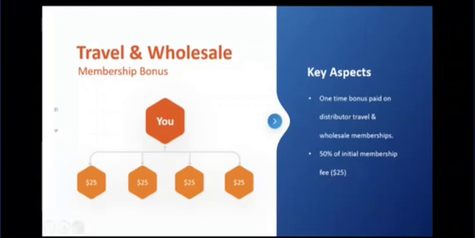You're not going to need to talk about holding tanks and all that stuff to try to convince people to spend the big bucks. You're asking people to come in on a membership, on a distributorship to earn money for $59.95, which is really, really low. So excited about that. Next slide.